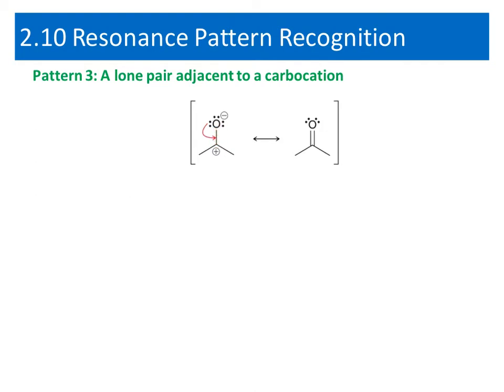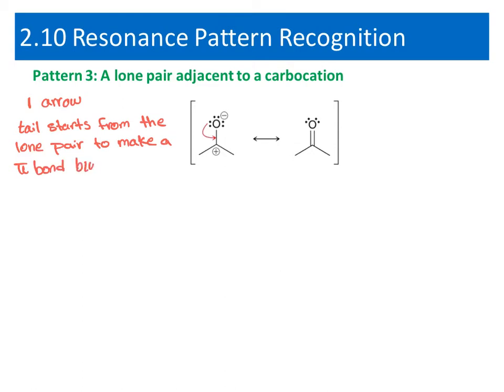Now to draw the resonance structure, we use one arrow, and the tail of the arrow starts from the lone pair to make a pi bond between the carbocation and its neighboring atom.